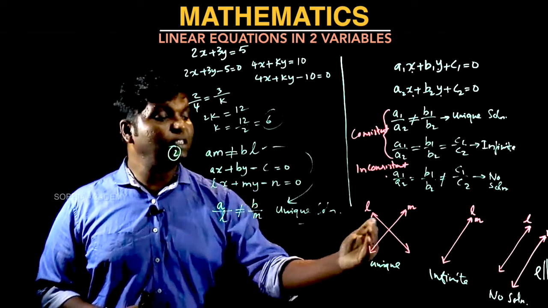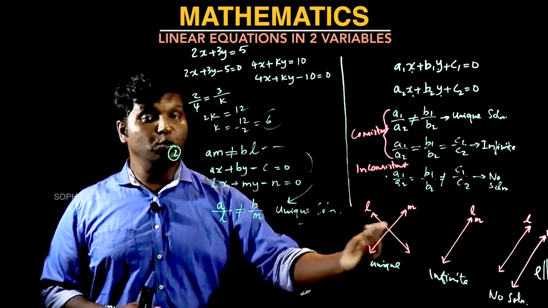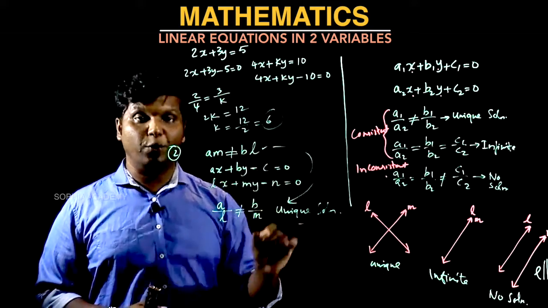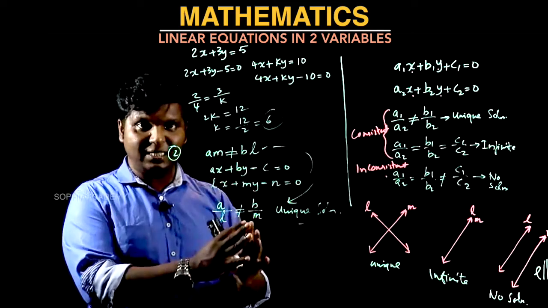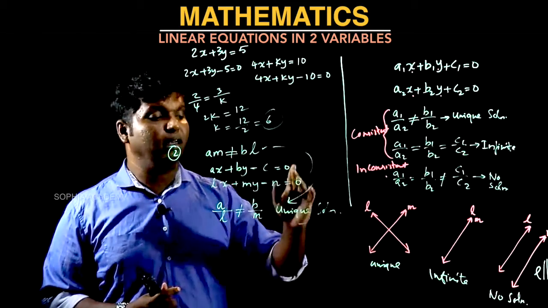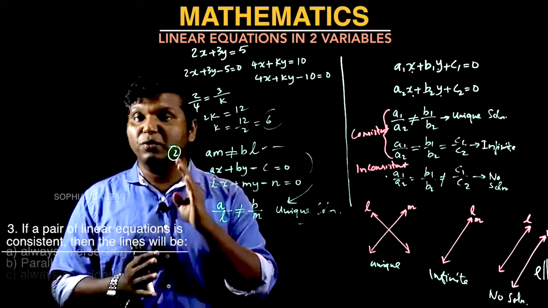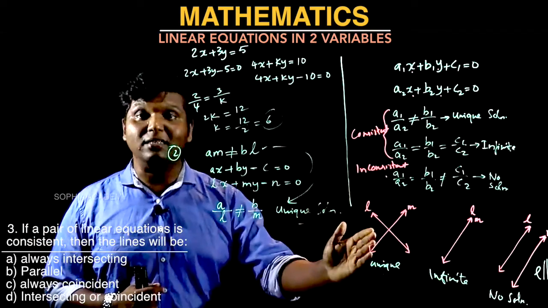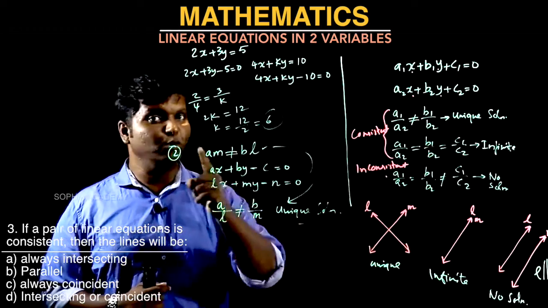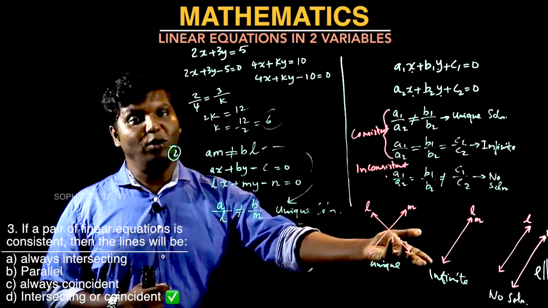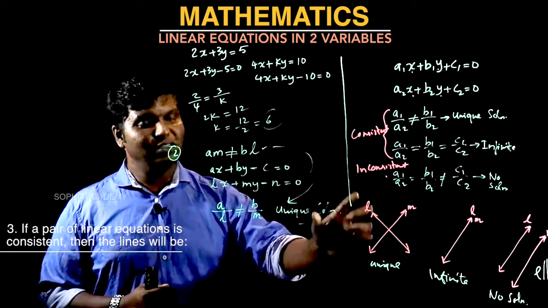So in these first two conditions, if a pair of linear equations has to be consistent, they can be this one or this one. That means from our options, which one will we choose? They can intersect or they can coincide. So the fourth one is our option. Is that clear? So that's it.